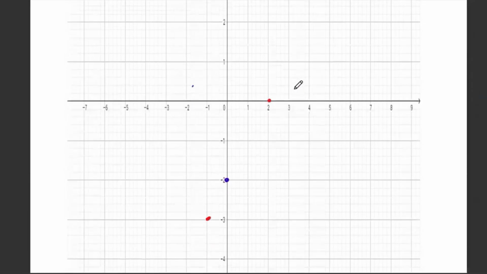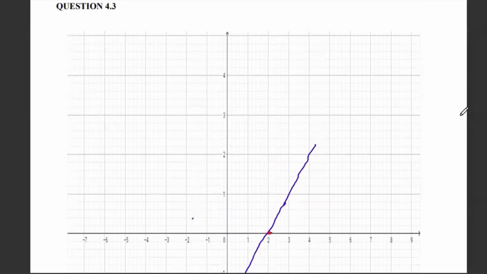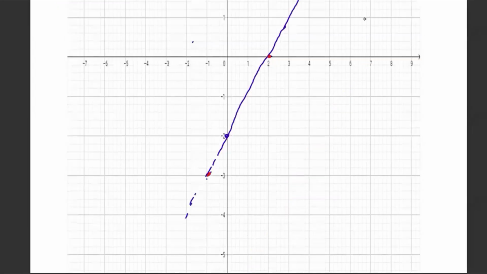So (2, 0), meaning that my line is going to be, let me just try to create a straight line. Okay, so I have something like this. Feel free to extend it if you want, but remember it's a sketch now. So I'll say this is my g of x.